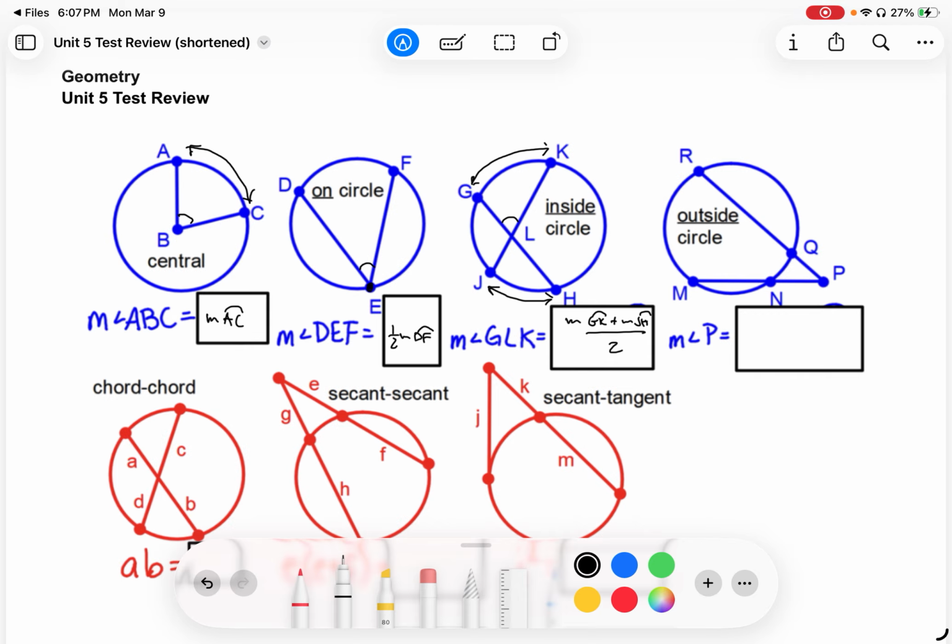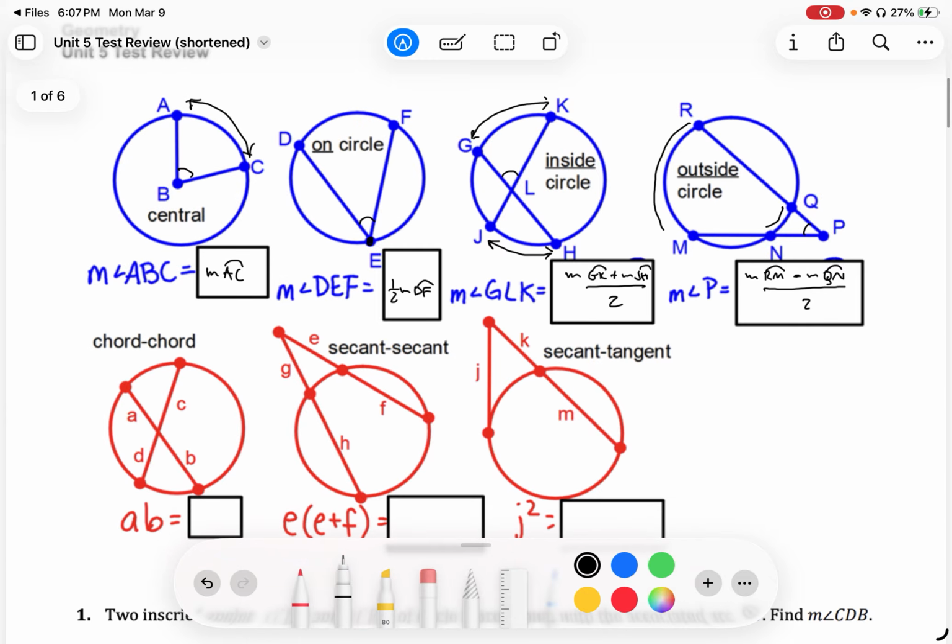And if you have an angle outside, it is simply going to be the larger arc minus the smaller arc, divided by 2. So that's equal to the measure of arc RM minus the measure of arc QN, all divided by 2.